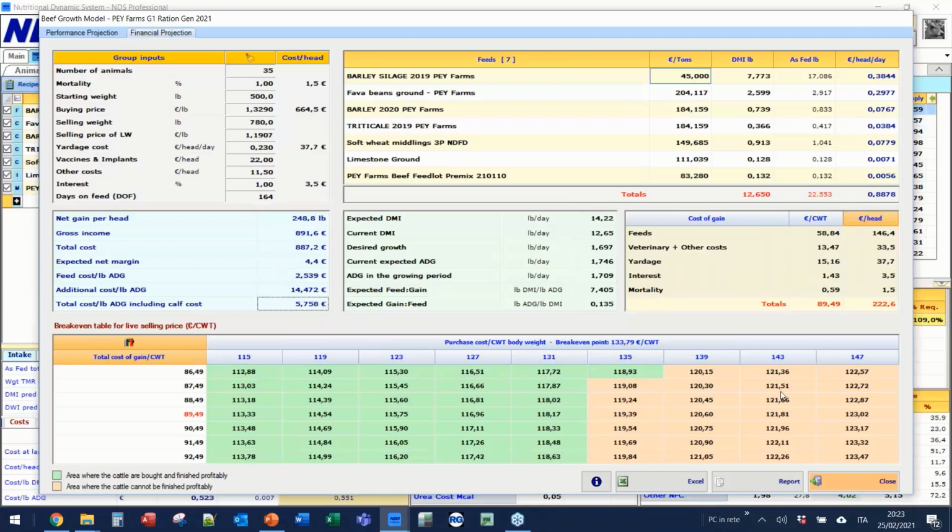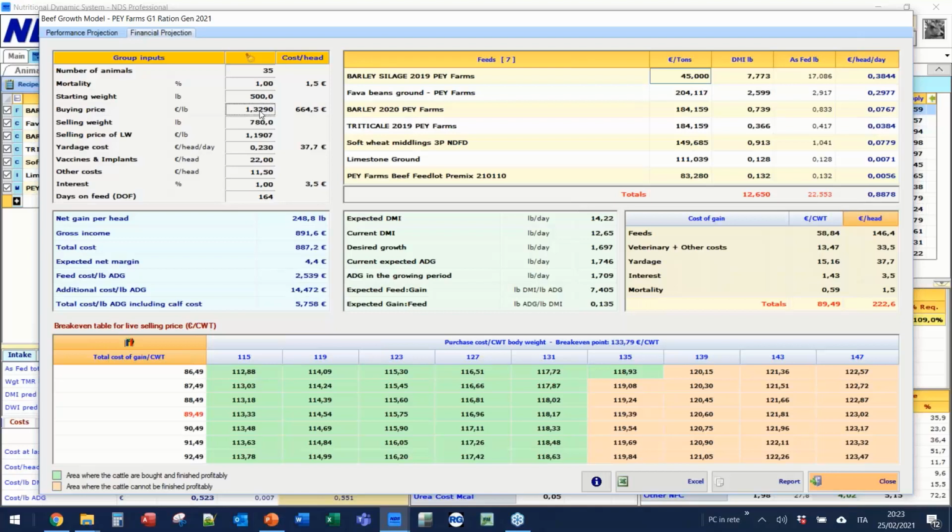In other words, the break-even point is 133, in this case euros, but it could be per hundredweight.